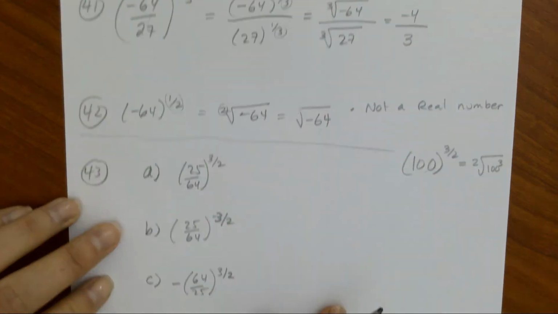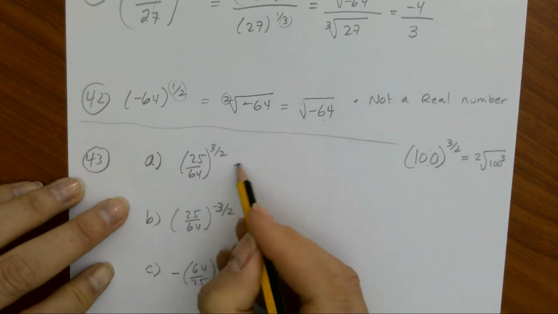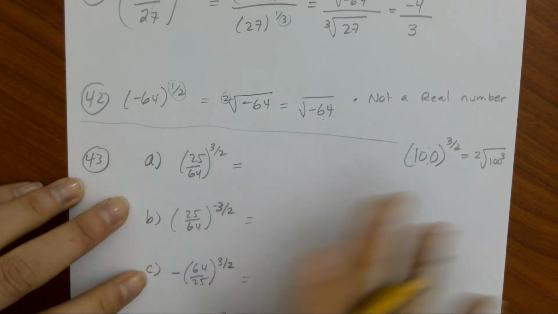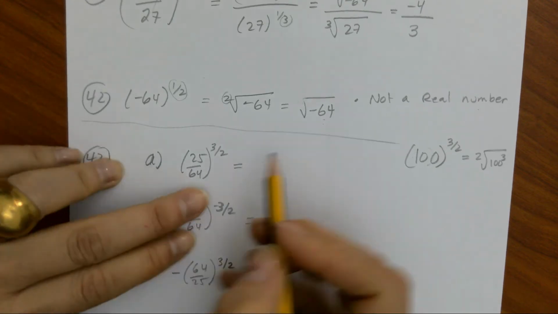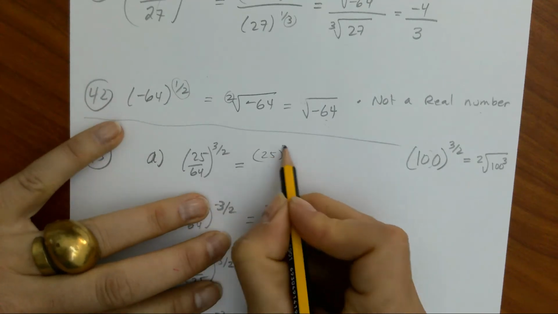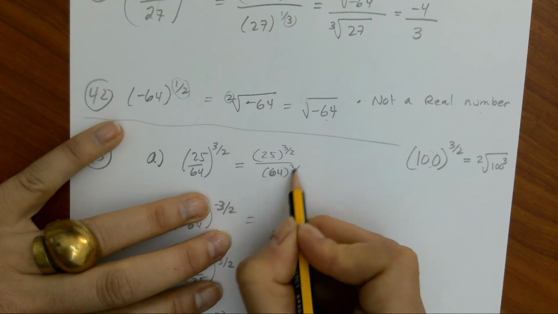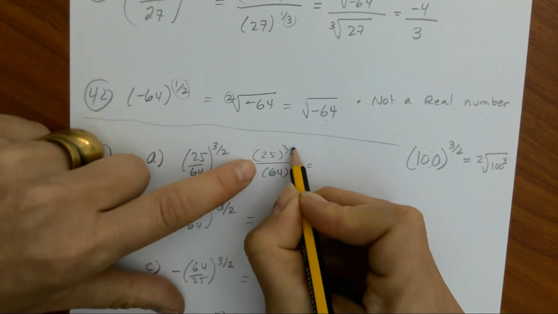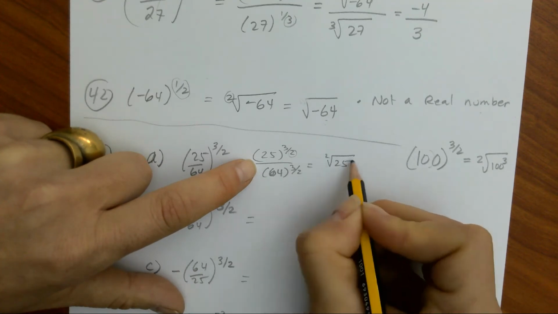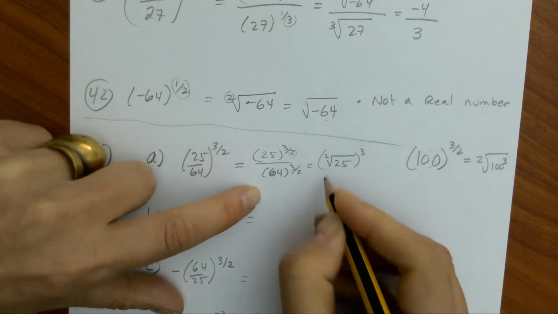Okay, so 43 is kind of complicated and messy, but really what they want you to do is just to find the answer of each one. So let's look at A. So we're going to separate the top and the bottom. Now the bottom number is the square root, and the top number is like the cube, the power.